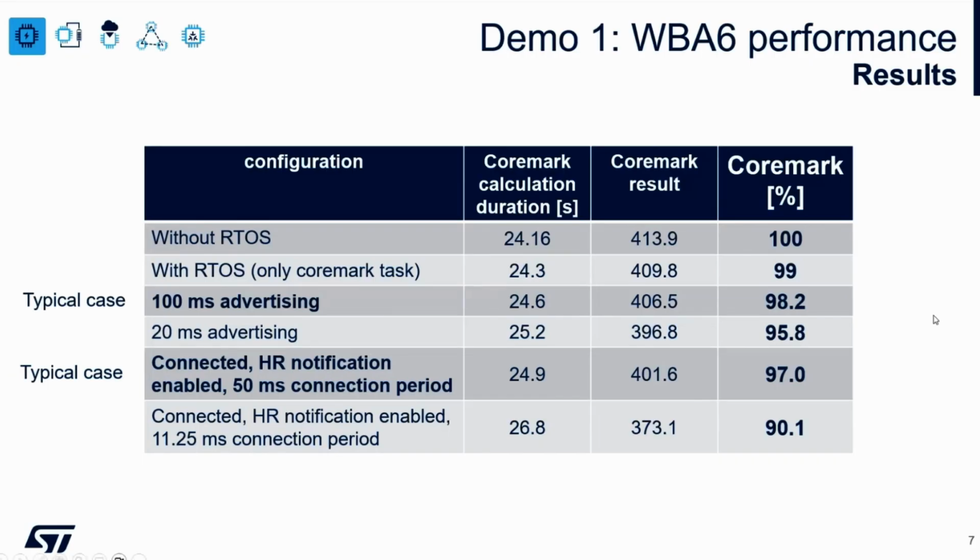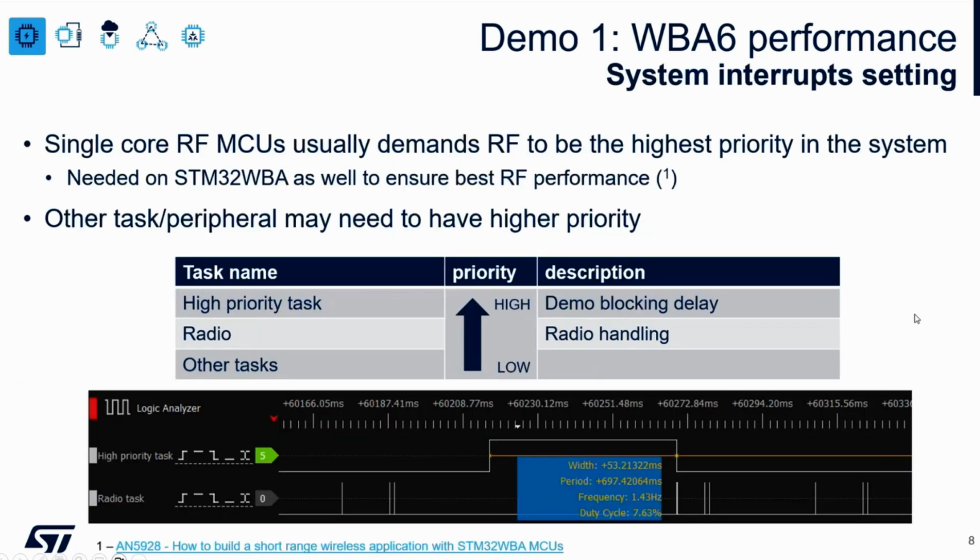One more thing I wanted to show is that it's quite usual within an RF system with a single core that RF needs to be the top priority in the system, the top interrupt, to work correctly. Also, we have in our recommendation that RF needs to be the highest priority in the system to run correctly.